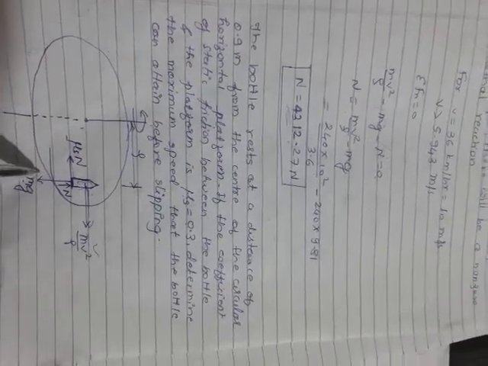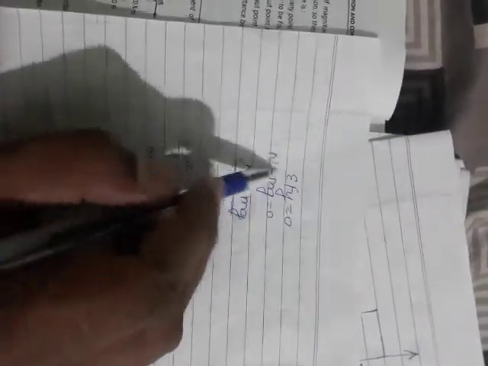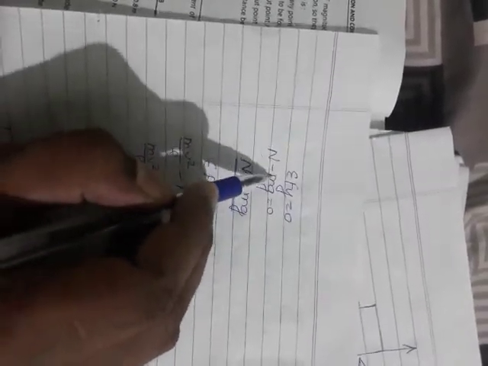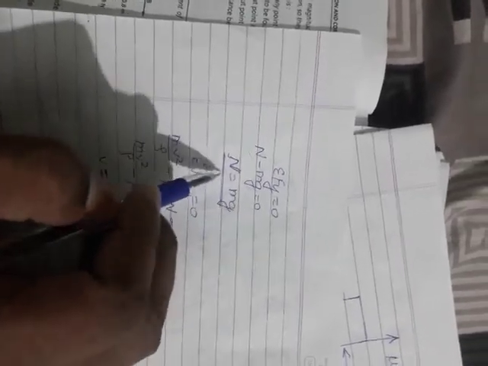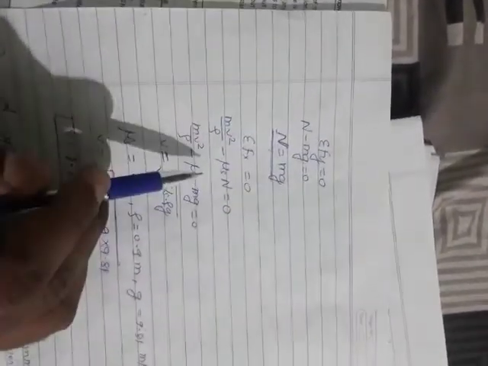In this case I am going to apply summation fy and summation fx in the x and y directions. Initially I apply summation fy for the bottle. Normal reaction is vertically upward, and weight of the bottle downward, so I will get n equal to mg. Next I apply summation fx equal to 0, because the bottle will try to slide in a horizontal plane.